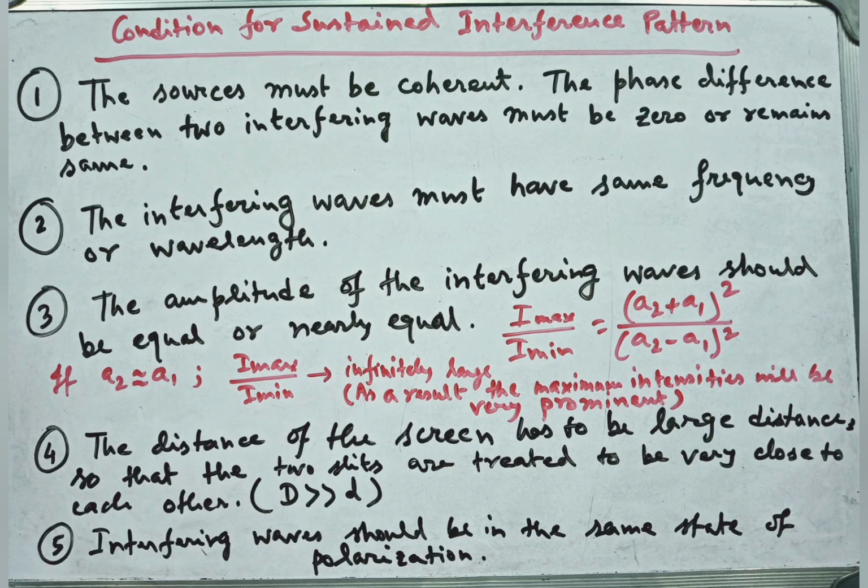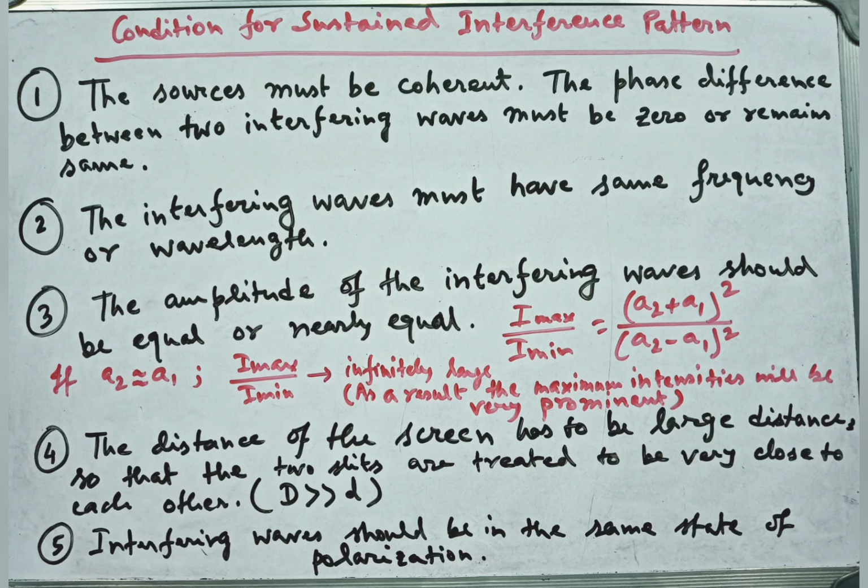Now, the second point is the interfering waves must have the same frequency or wavelength. Otherwise, what will happen? We will not get a sustained interference pattern, we will get a general illumination. The third point is the amplitudes of the interfering waves should be equal or nearly equal.